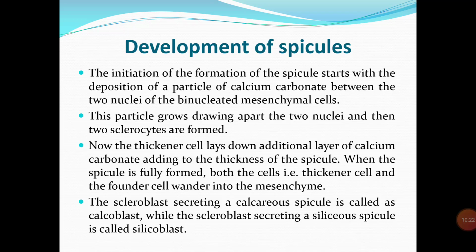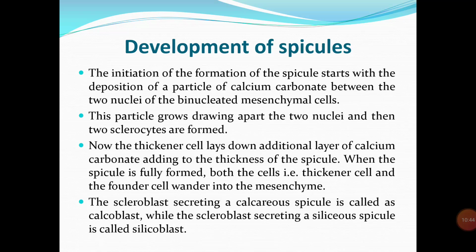This particle grows, drawing apart the two nuclei, and then two sclerocytes are formed. Now the thickener cell lays down an additional layer of calcium carbonate, adding to the thickness of the spicule.